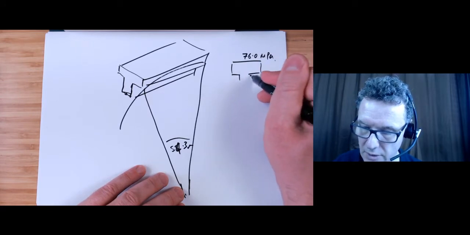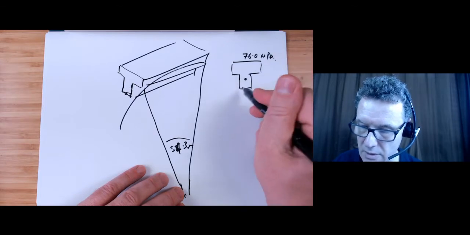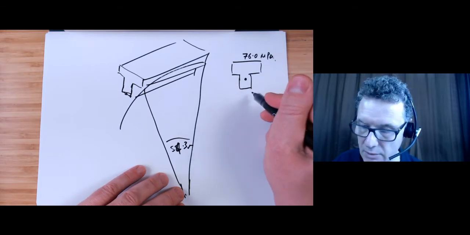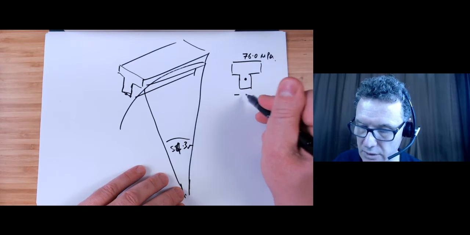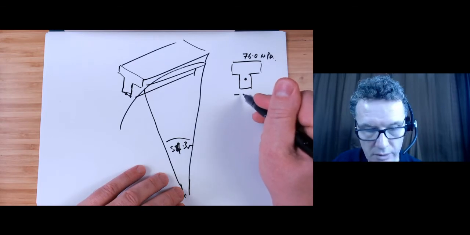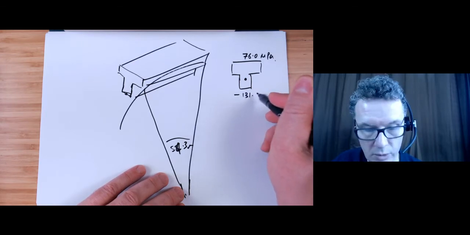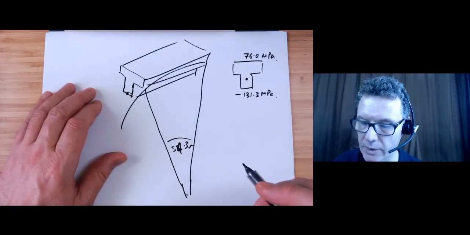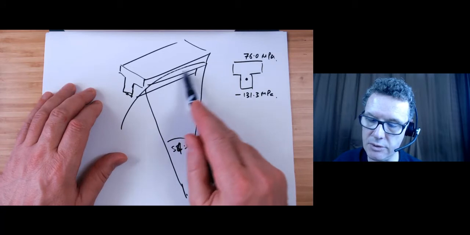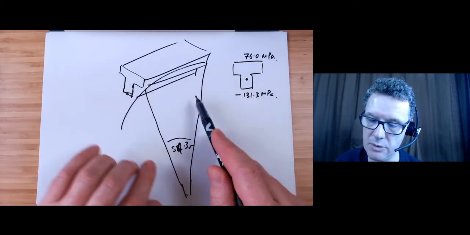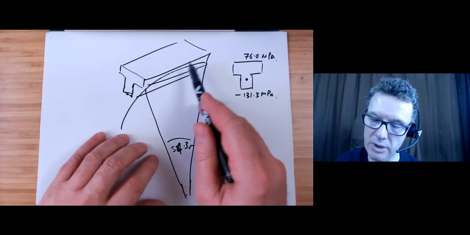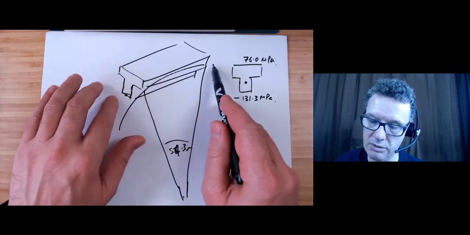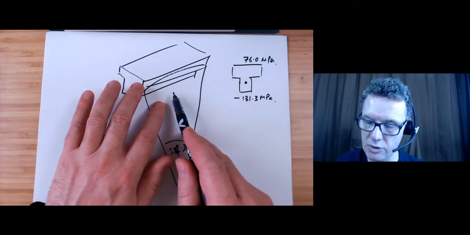We have a neutral axis, and then we've got a greater compressive stress of 131.3 megapascals at the bottom. So you can see this from this sideways bit of the diagram. The top is going to get stretched out, and the bottom is going to get squashed in.